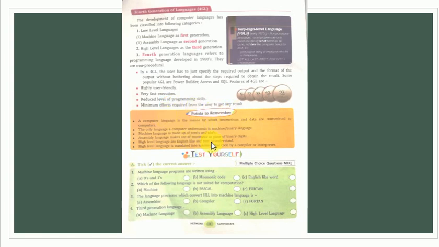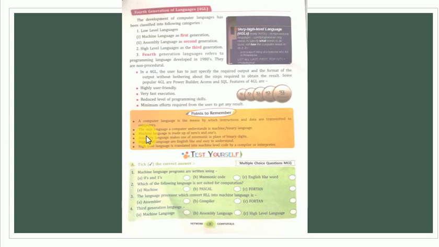So points to remember here: first one is computer language. What is computer language? The computer language is that in which instructions and data are transmitted to computers. Transmitted means sent. Next is the only language a computer understands is machine or binary language. Binary means in the form of 0 and 1.